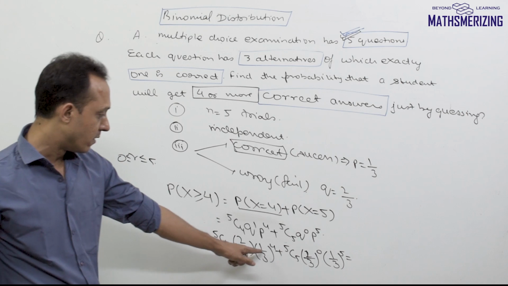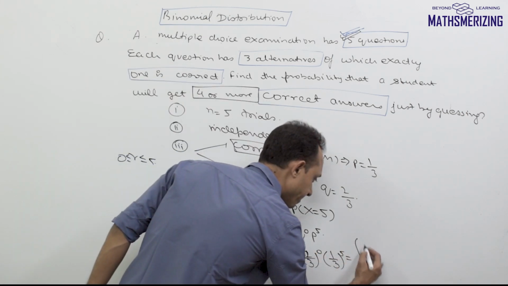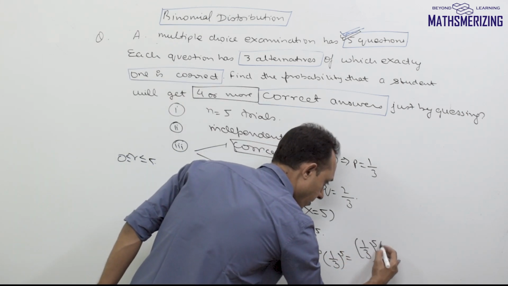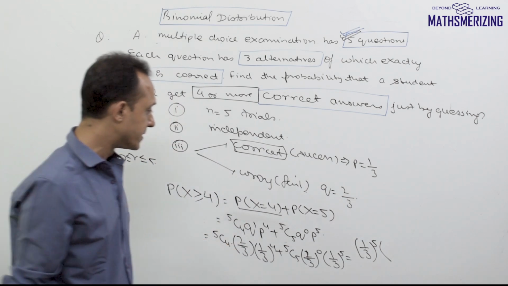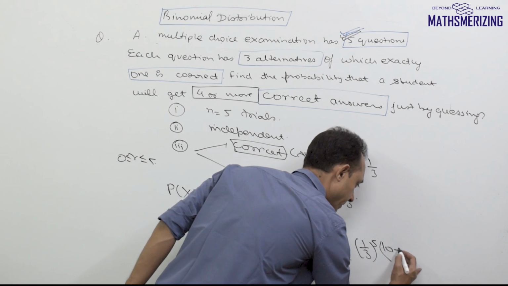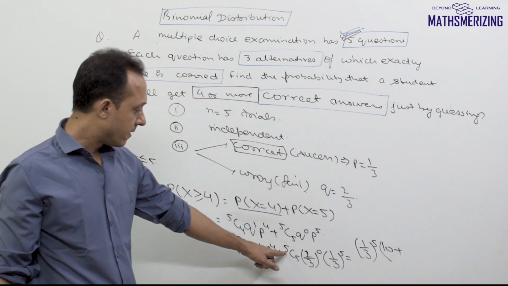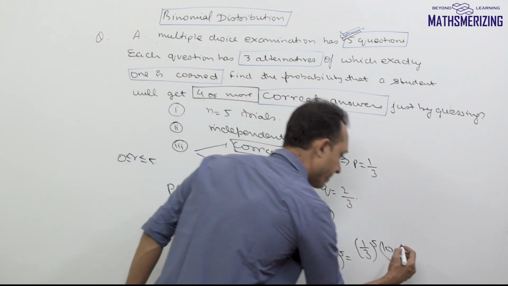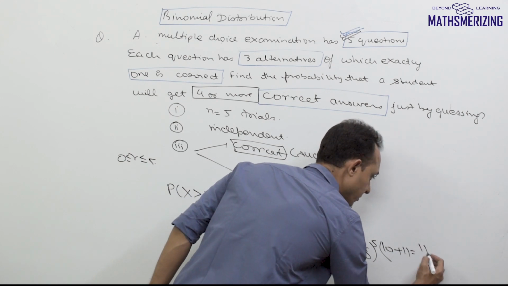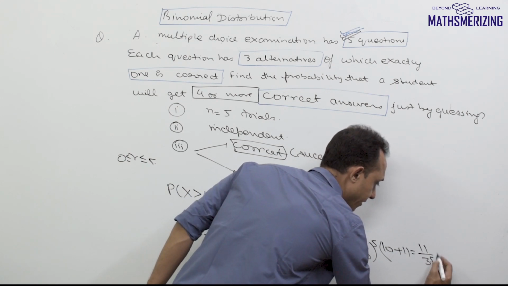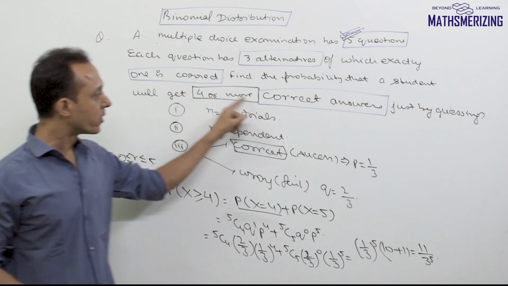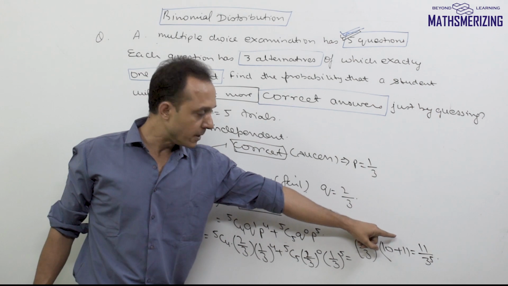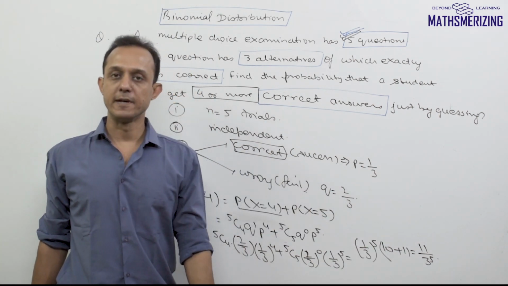So actually I'll take 1 by 3 to the power 5 common, and here I'll get 5c4, which is 5, 5 into 2 is 10, and then plus here will be 5c5, which is 1. So answer to this question will be 11 upon 3 to the power 5. So the probability that a student will get 4 or more correct answers just by guessing is simply 11 upon 3 to the power 5.